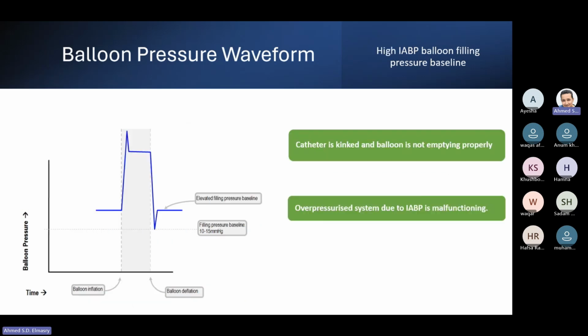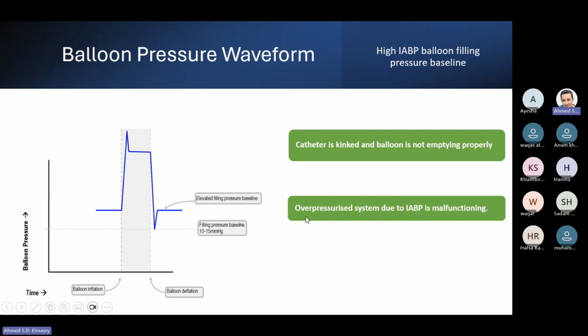The next abnormality is that the filling pressure baseline is above the normal, or above the default baseline, which is 10 to 15 millimeters of mercury, and this could be due to balloon malfunctioning or manufacturing errors.